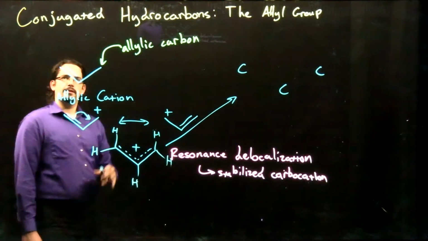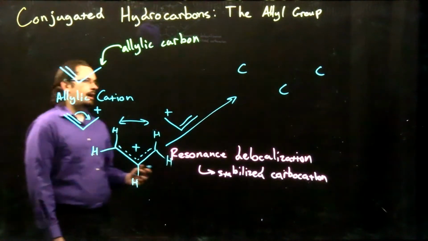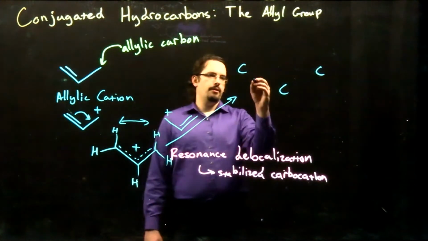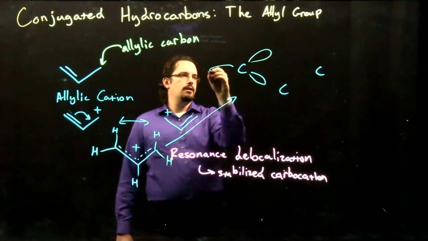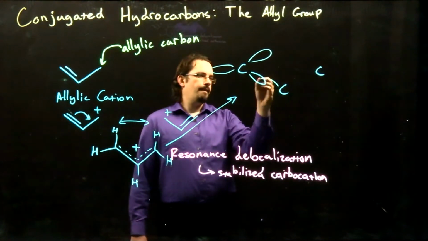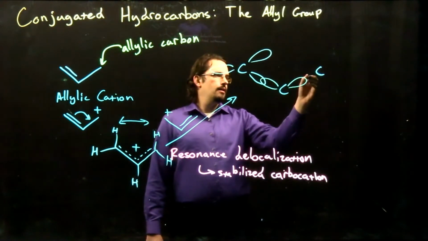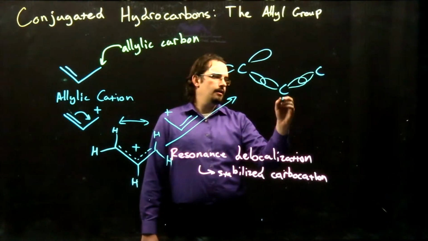And with those three different groups bonded to each carbon, that means that we'll have sp2 hybridization. So I'm going to represent that like this. I have my sp2 orbitals coming out at 120-degree angles relative to each other. These will overlap to form my sigma valence bonds between my carbons.